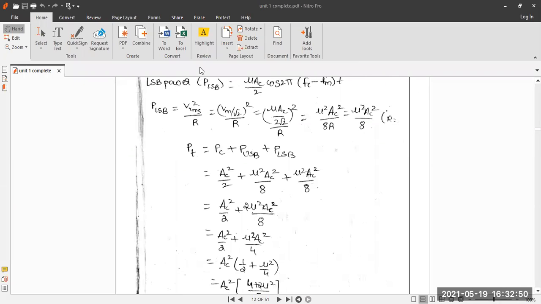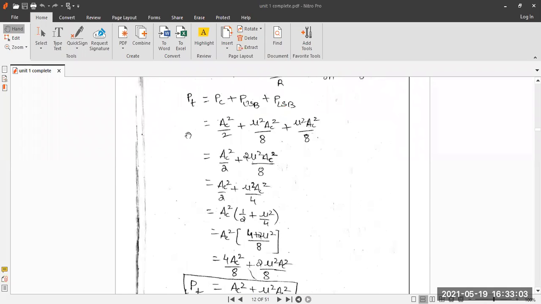Now we have to add all three powers: power of carrier, power of upper side band, and power of lower side band. If we add these three, we get the total power. PC is AC square by 2, P upper side band is mu square AC square by 8, P lower side band is mu square AC square by 8.